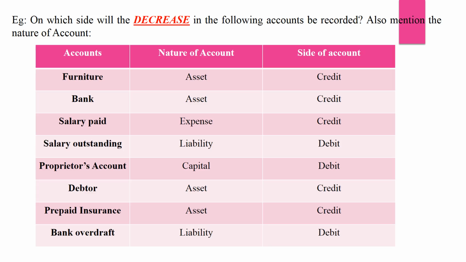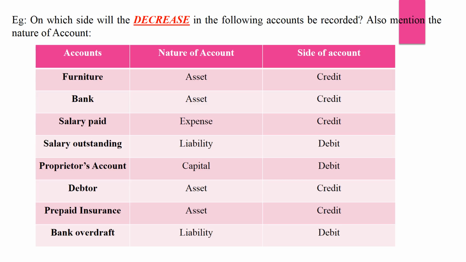Next is your debtor. Debtor is an asset for the firm, and decrease in debtor will be recorded on the credit side of asset account. Prepaid insurance, so paid in advance, it is an asset for the firm, and decrease in asset will be recorded on the credit side of asset account.